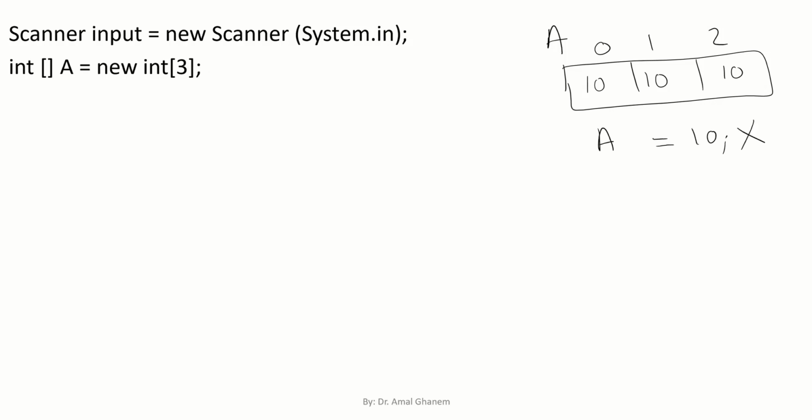And we know this cannot be done, because if you need to save a value inside your array, you always have to mention in which location. So I have to say this should be in location 0, and this will be accepted. And then you have to say A at location 1 equals 10. And the last step is A at location 2 equals 10.